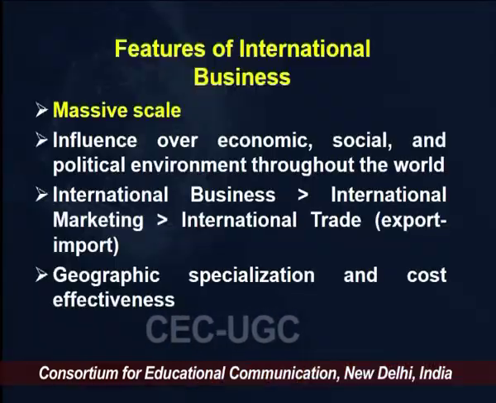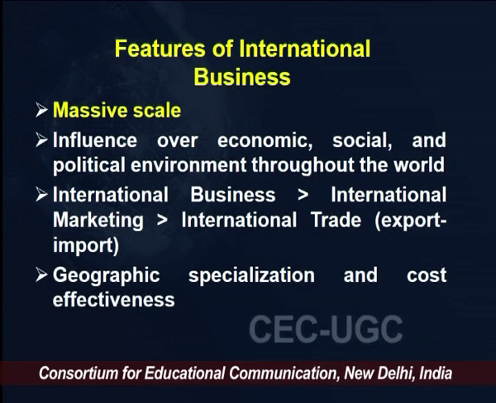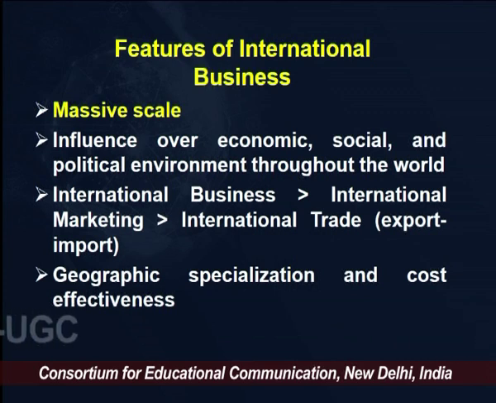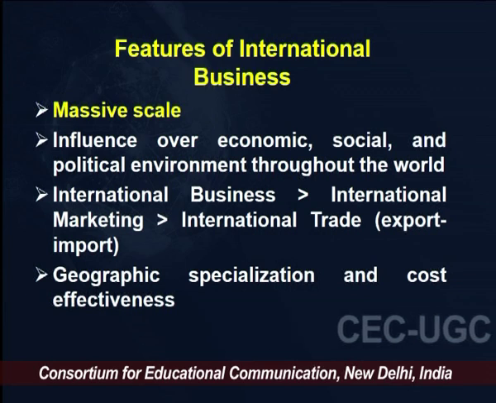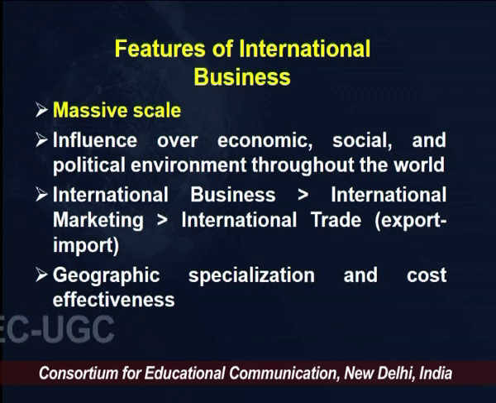Then international trade or international business happens because of a very specific reason, and that is geographic specialization and cost effectiveness. Now, Mother Earth has not bestowed every country with an equal amount of resources.